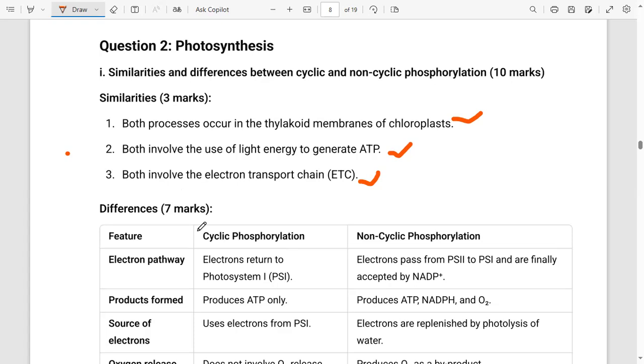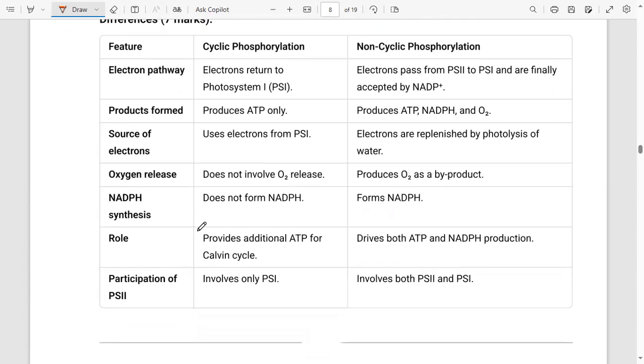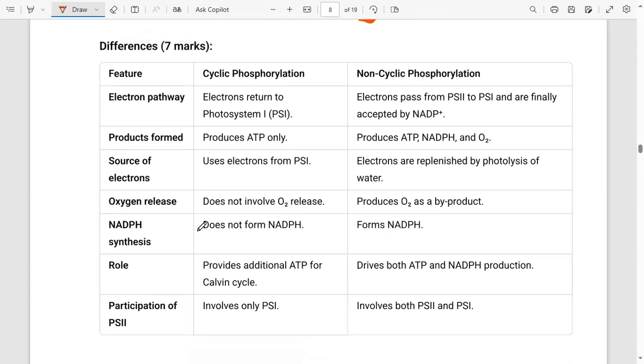All right, and then we look at the differences. I've put them in the table here. Here I wrote the feature that is different, then here is the cyclic, and here is the non-cyclic. Regarding the electron path, in the cyclic phosphorylation the electrons return to photosystem 1.